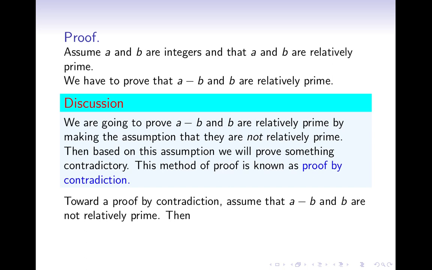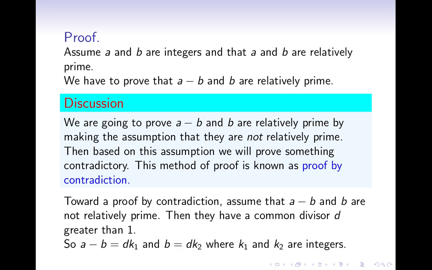The assumption that a minus b and b are not relatively prime tells us that they have a common divisor greater than 1. We're going to call it d. And that means that d is a divisor of a minus b. So a minus b is d times some integer k1. And d is a divisor of b. So b is d times some integer k2.